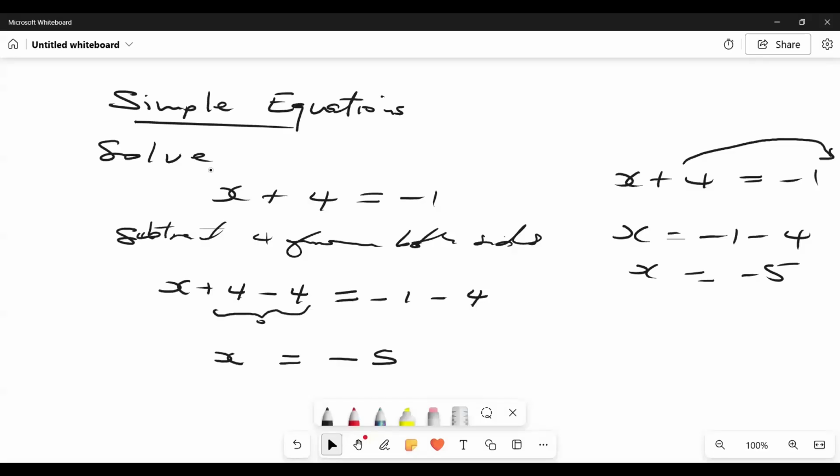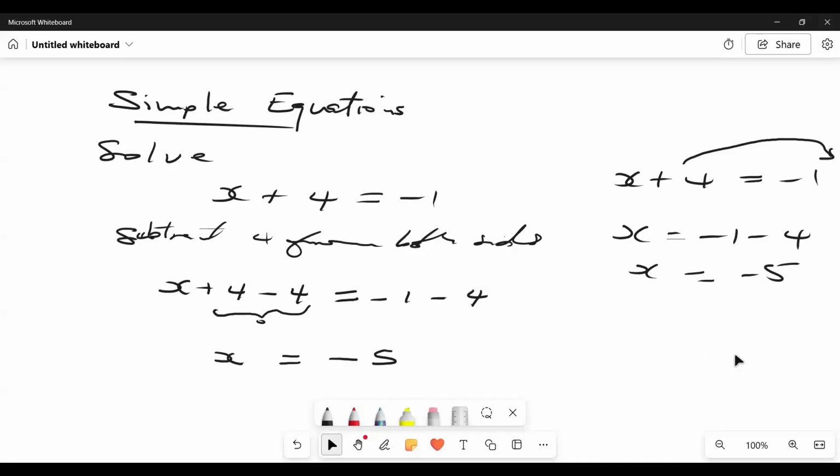That's just a shortcut that people have been using for quite a while. And nobody objects to it. It has become acceptable in mathematics, but what you're really doing is subtracting 4 from both sides. And like I said, it's like a scale. Once I do the same thing to both sides, I have not changed the balance of the equation, right?